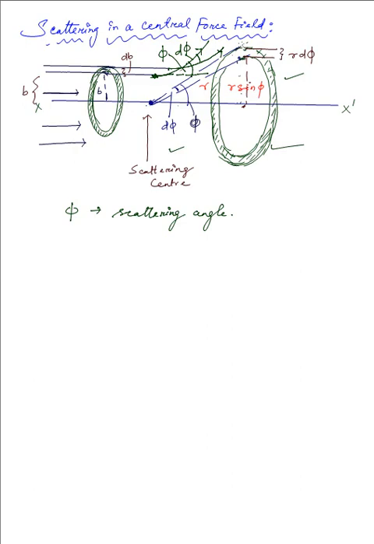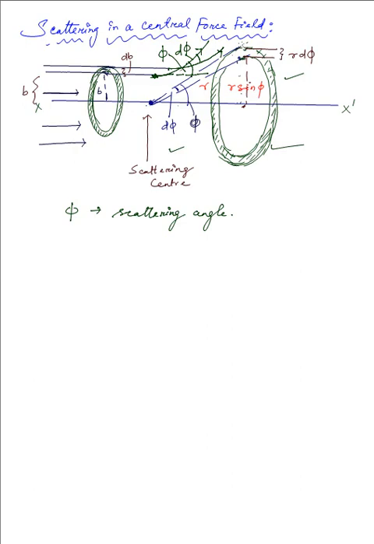Now, it's not the case that we observe this in 2 dimensions. Obviously, we are observing this in 3-dimensional space. So the angle subtended by the scattering cross section won't be the small angle d phi, the differential of the scattering angle.